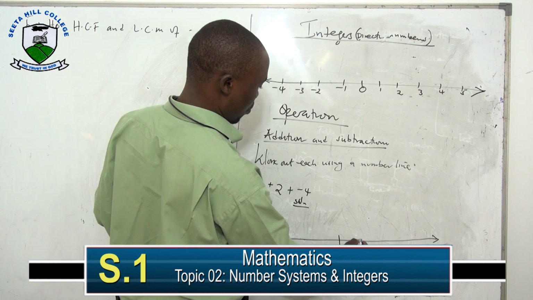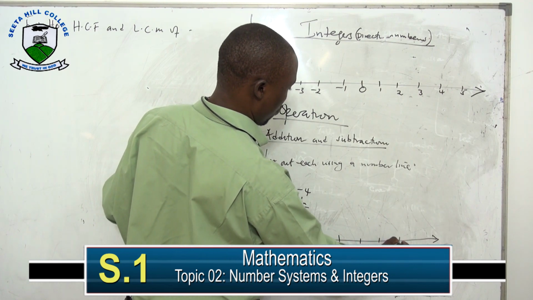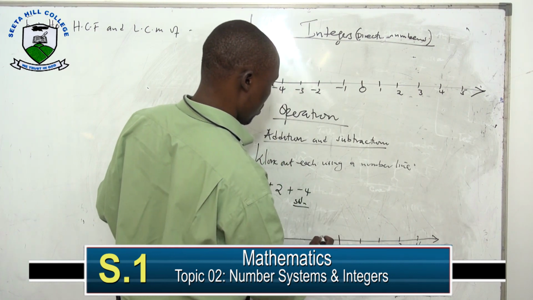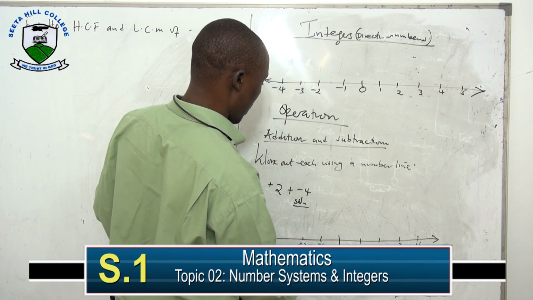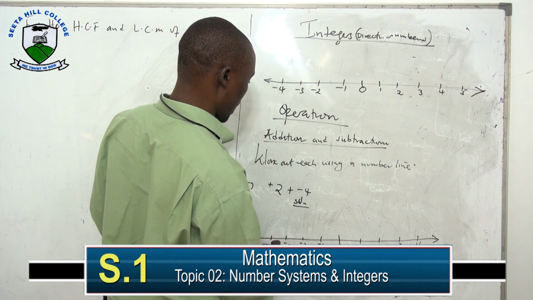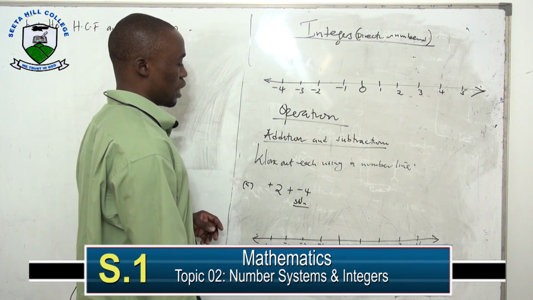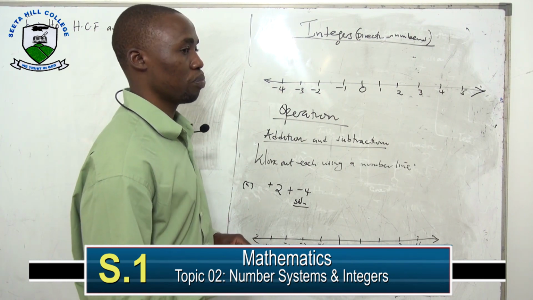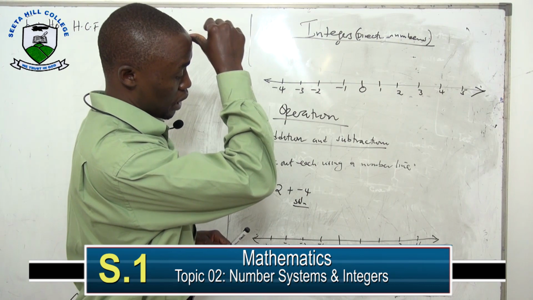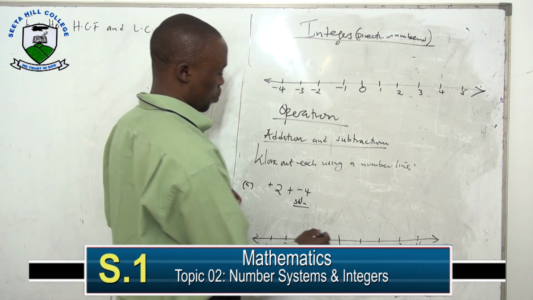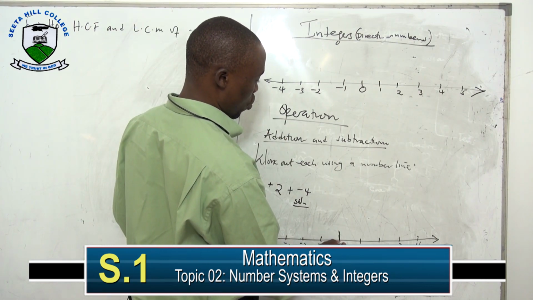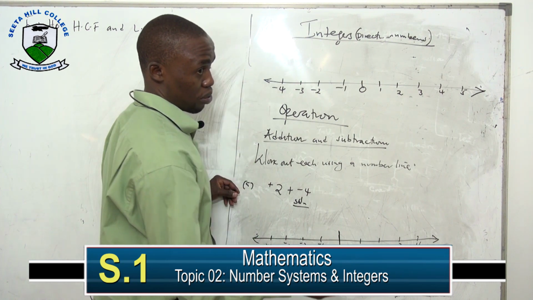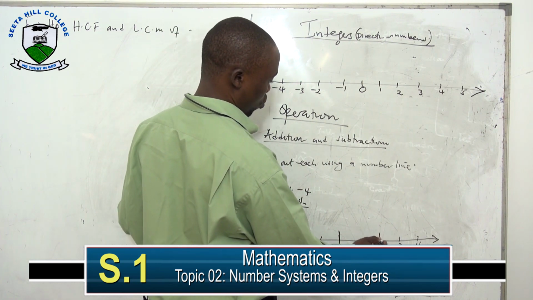It must have 0, 1, 2, 3, 4, negative 1, negative 2, negative 3, negative 4. I'm first having positive steps. Positive how many? 2 positives. You count from a reference point 0, up to 2.